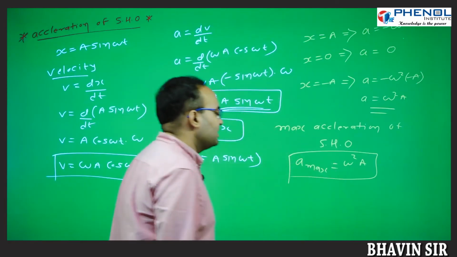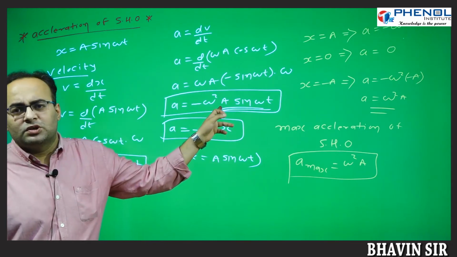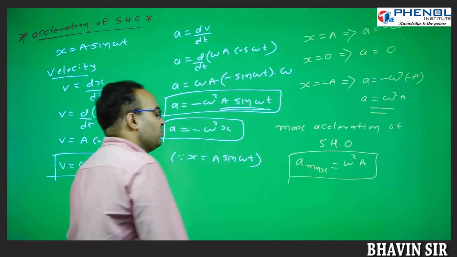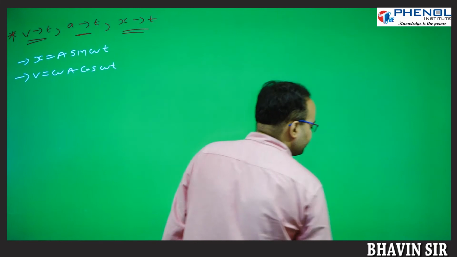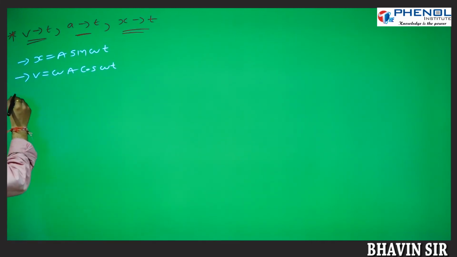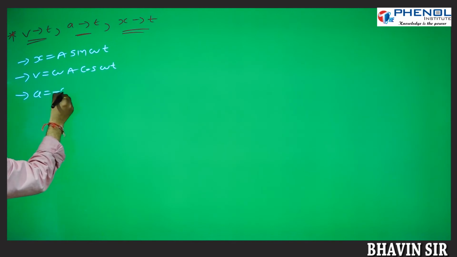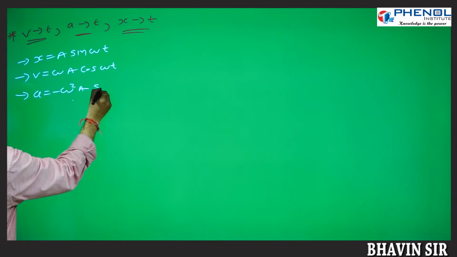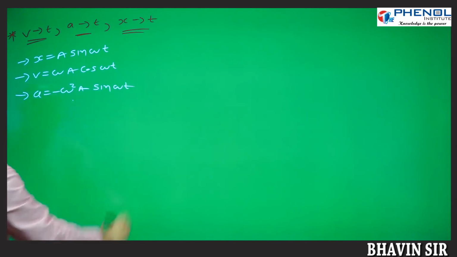What is acceleration? Minus omega square A sin omega t. So these are the relations of x, v and a with time.